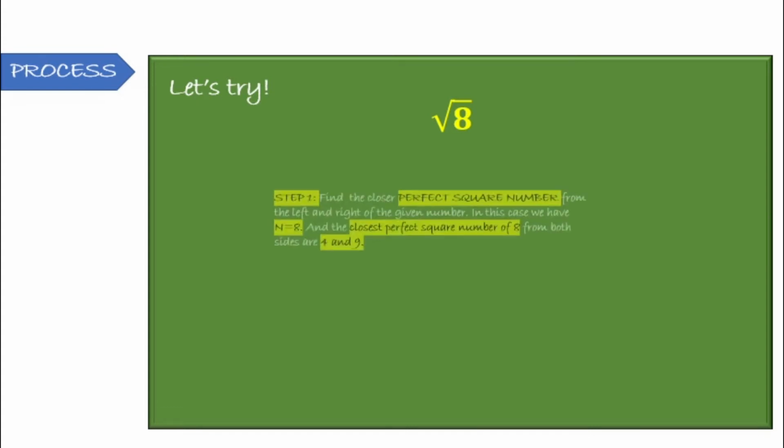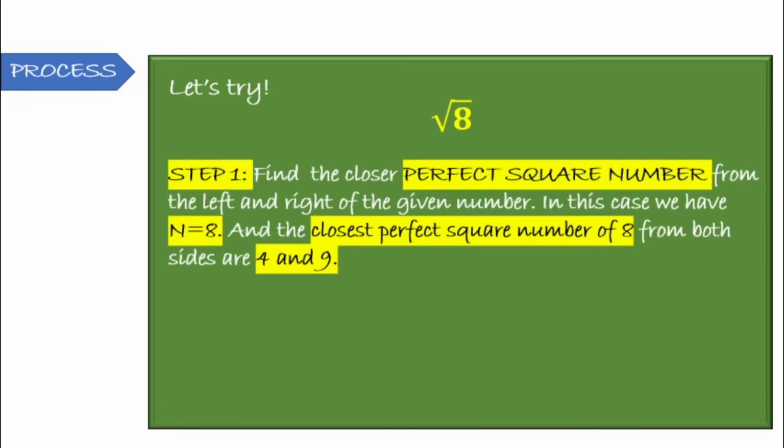Is 8 a perfect square? No. So step 1, find the closest perfect square numbers from the left and right of the given number. In this case, n is equal to 8, the given number.